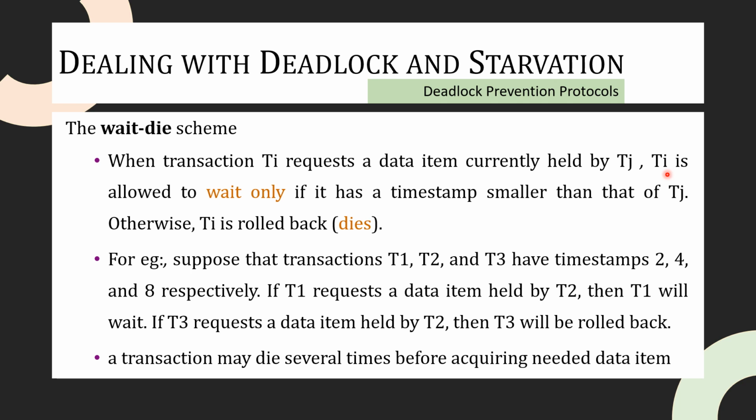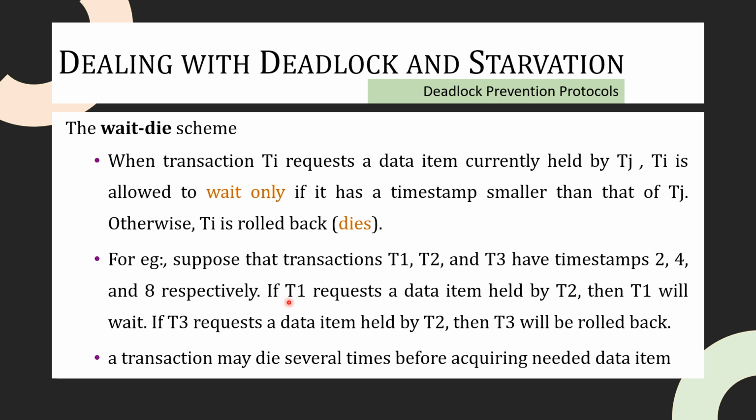Ti is allowed to wait only if it has a timestamp smaller than that of Tj. So if Ti's timestamp is smaller than Tj's, then Ti needs to wait. Else Ti is rolled back, which is called die. For example, suppose that the transactions T1, T2 and T3 have the timestamps 2, 4 and 8 respectively.